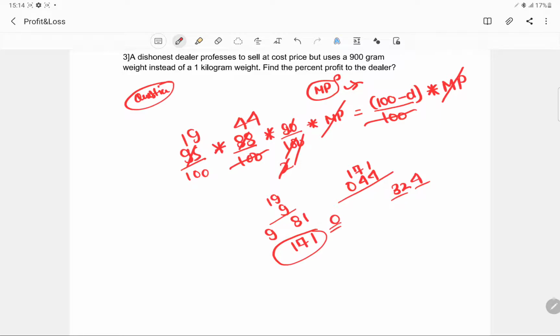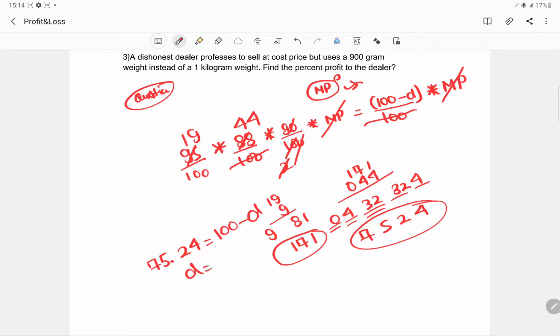You can check out my video over the quant tools if you are not aware of this fast method or Vedic method of calculation. So we get 75.24 equals 100 minus D. So the single discount would be, just give me a second, something less than 25, 24.76%.